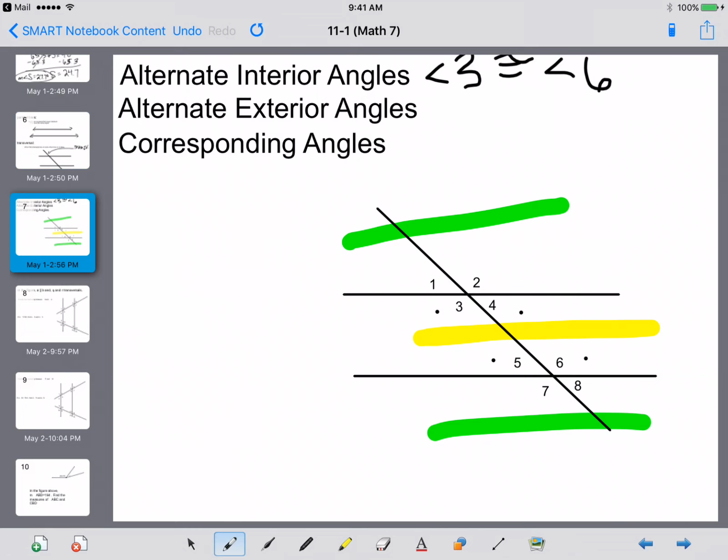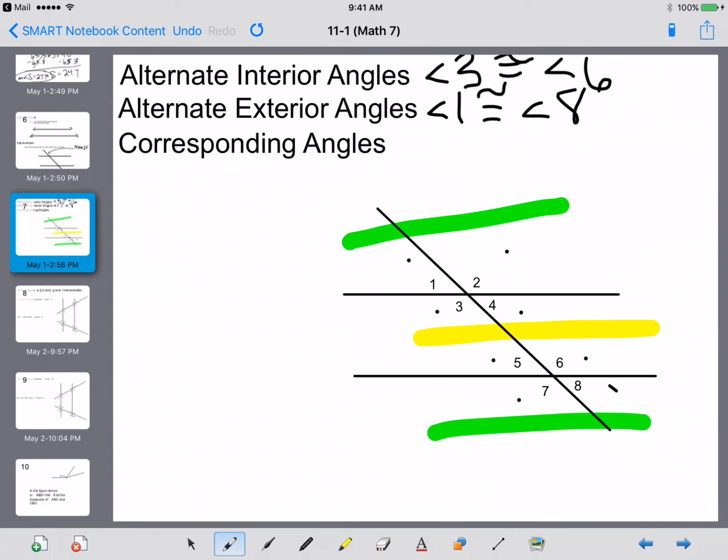And 4 and 5 are also alternate interior angles. Our alternate exterior angles would be those angles on the outside. So if angle 1 is one of them, the angle that's opposite to it would be angle 8. And 2 and 7 would also go together.